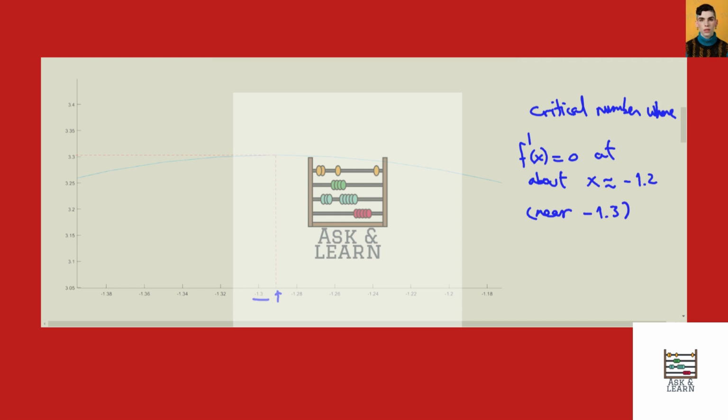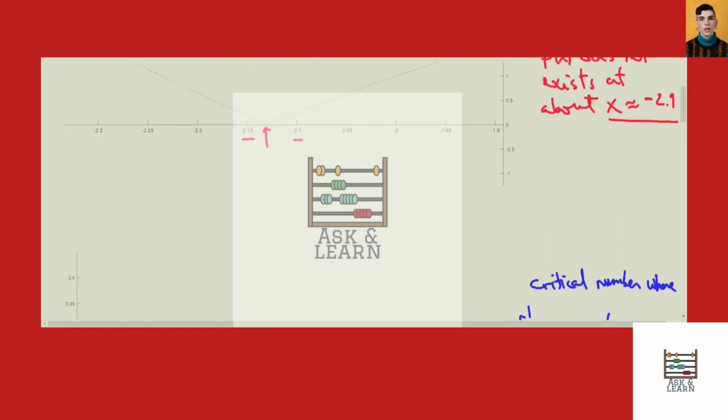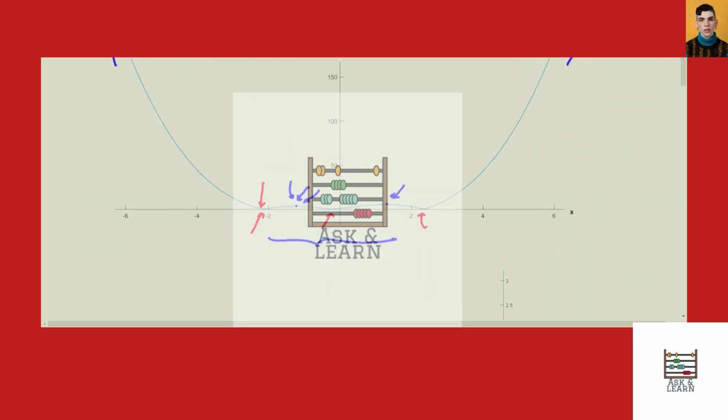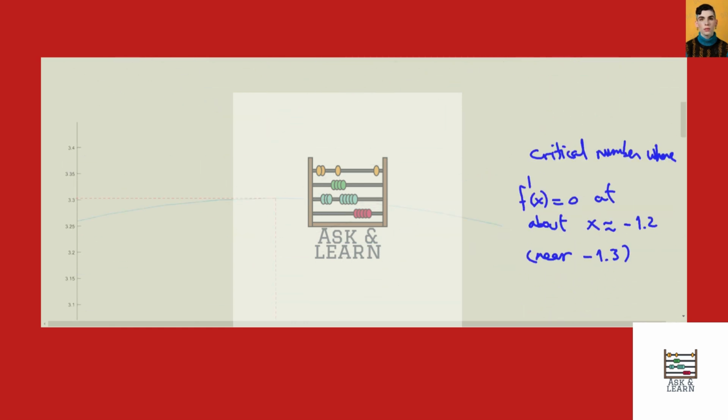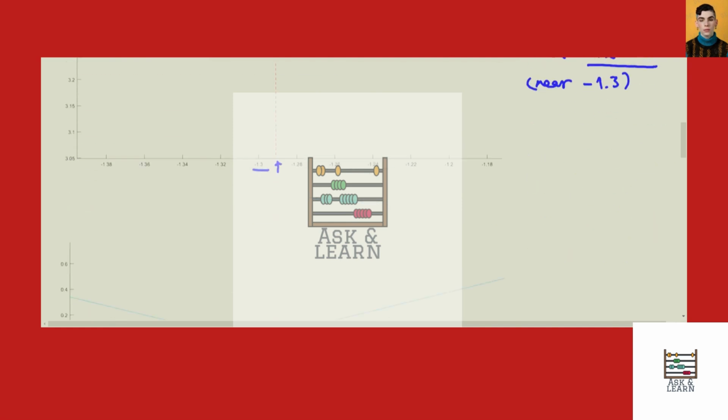So now we go for the next one, and the next one, as we saw in the original graph, is this point here where there is no derivative. And we already see this, so I'm going to the next one, this one here, where the derivative does not exist, and that's about negative 0.1. Very near.